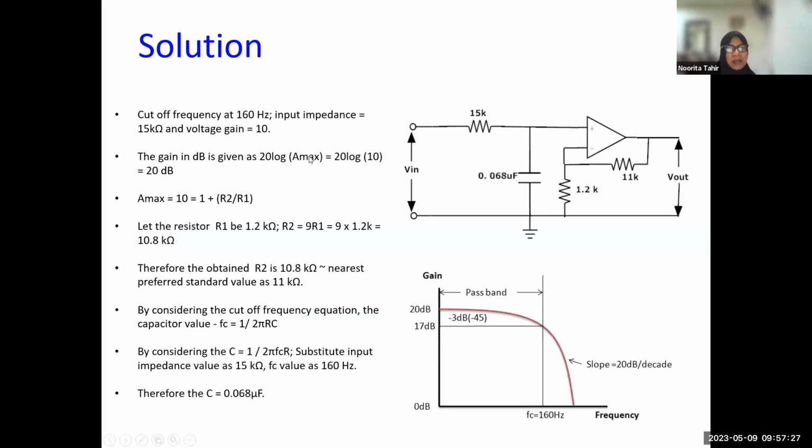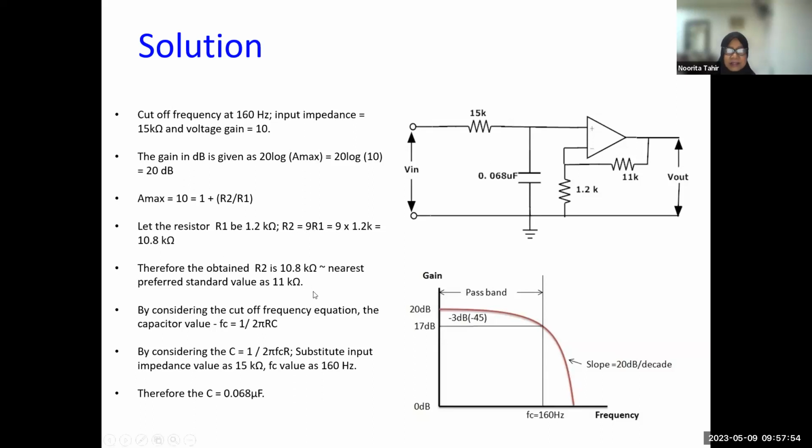So we know that this is non-inverting, so voltage gain 10 will be 1 plus R2 over R1. We let R1 be 1.2K, so R2 will be 9 R1, which is around 10.8K. But practically, there is no resistor value of 10.8.